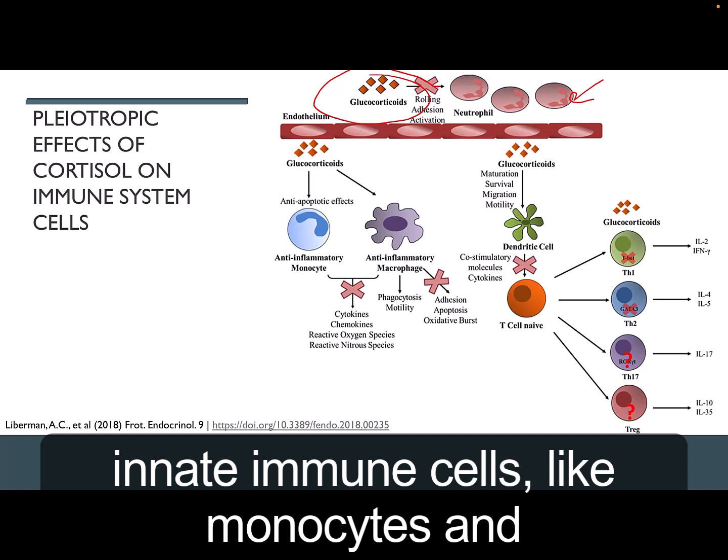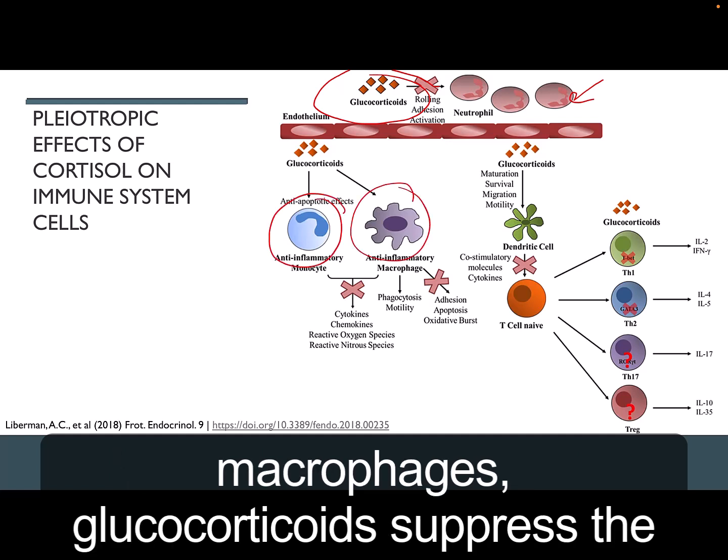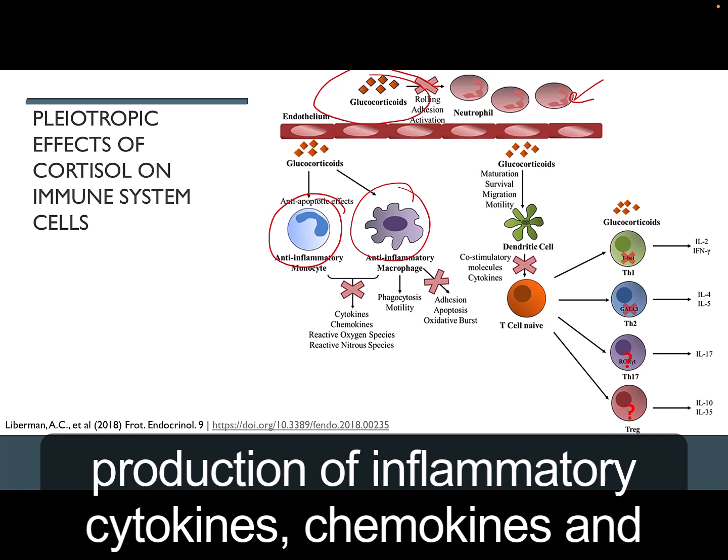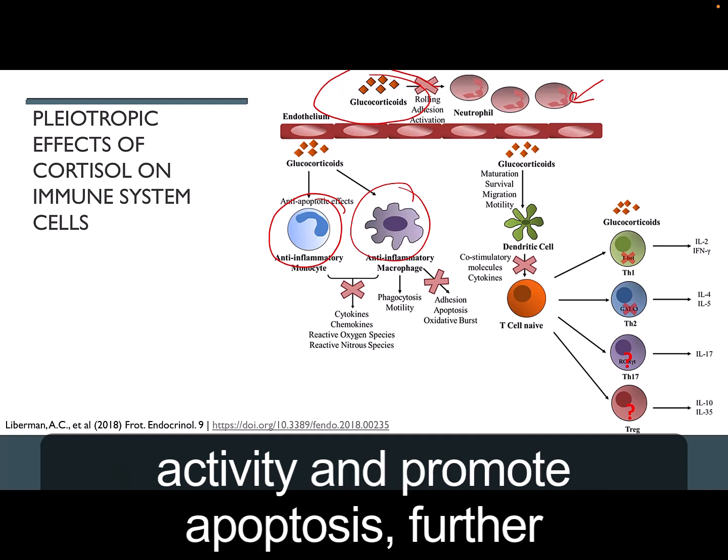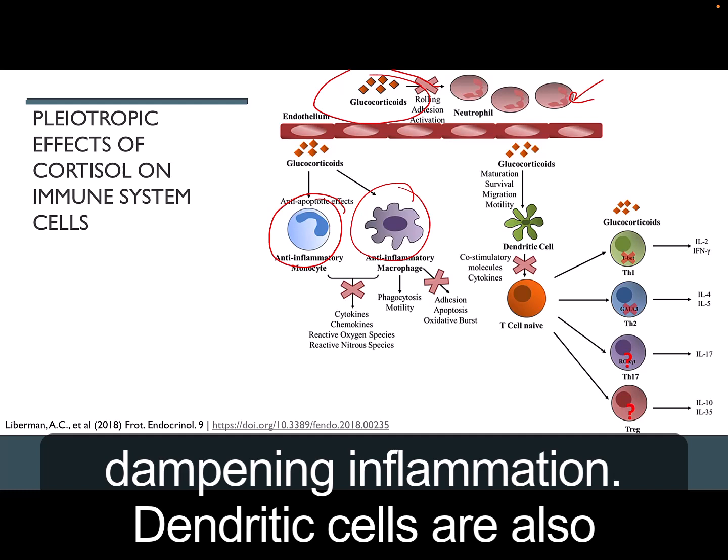In innate immune cells, like monocytes and macrophages, glucocorticoids suppress the production of inflammatory cytokines, chemokines, and reactive oxygen species. They also reduce phagocytic activity and promote apoptosis, further dampening inflammation.